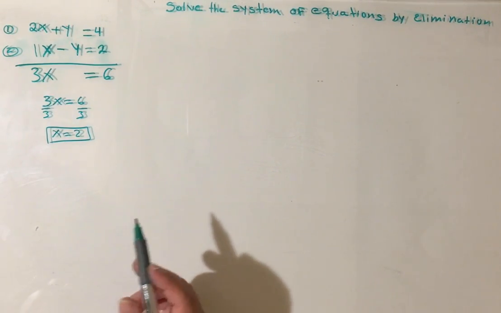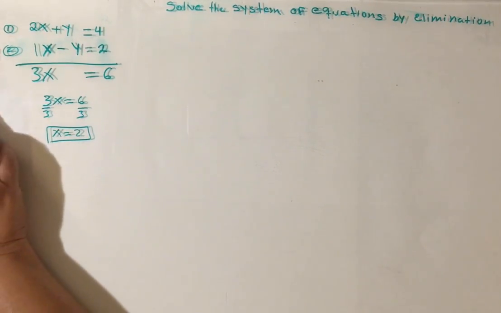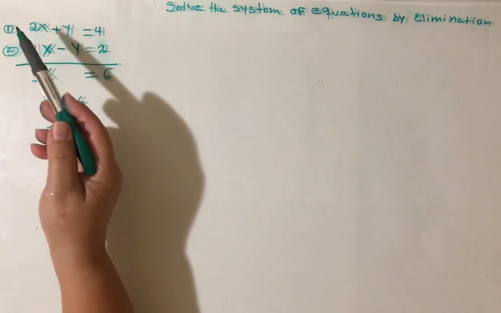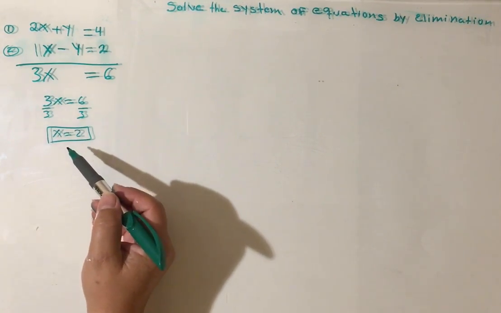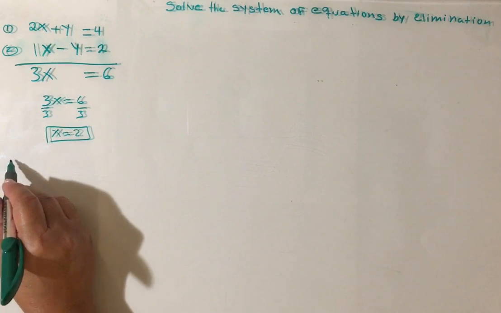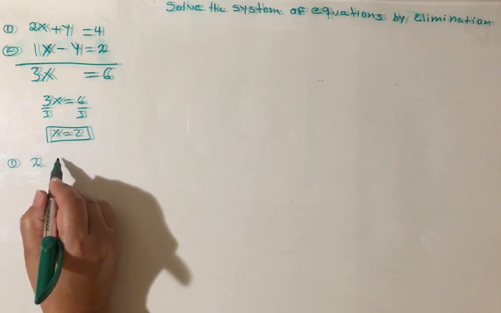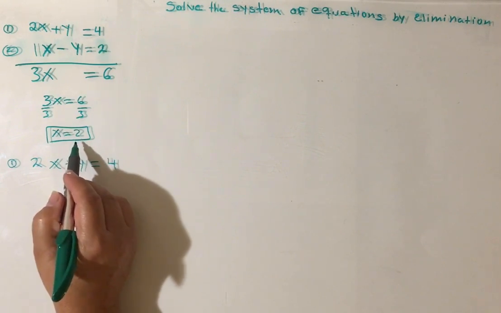Now, that's the value of the first variable that you found. Now, you can use equation 1 or equation 2, whichever equation you want, to solve for y, and use the value of the variable that you just got, right? So in this case, I'm going to use equation 1, which is 2x plus y equals 4. And the value of x is 2, right?